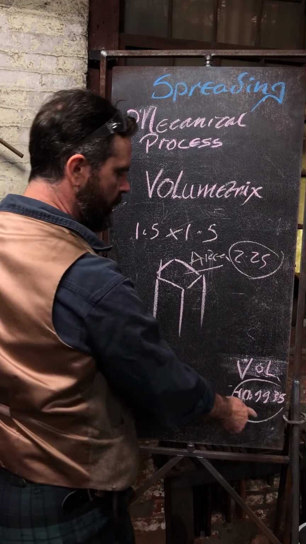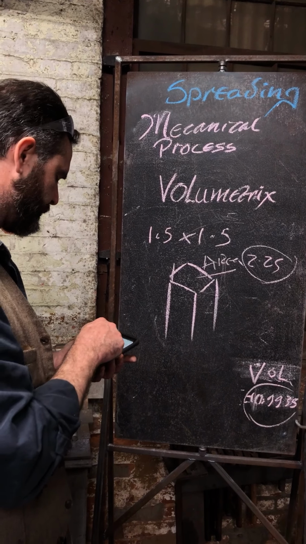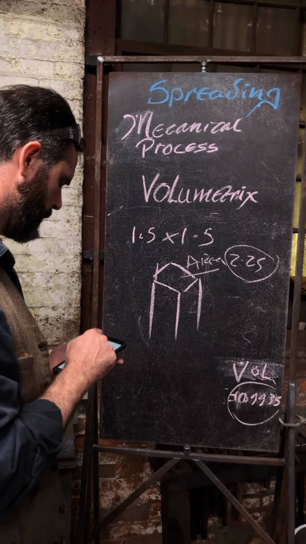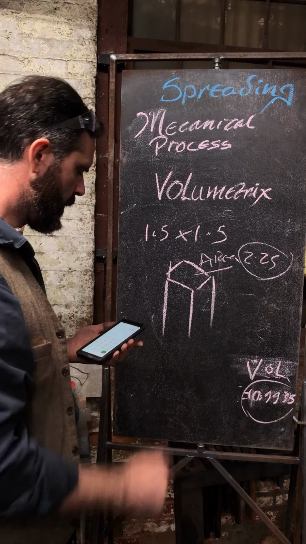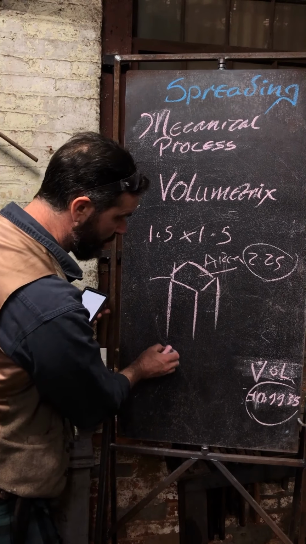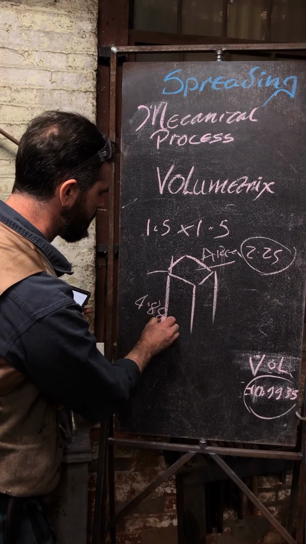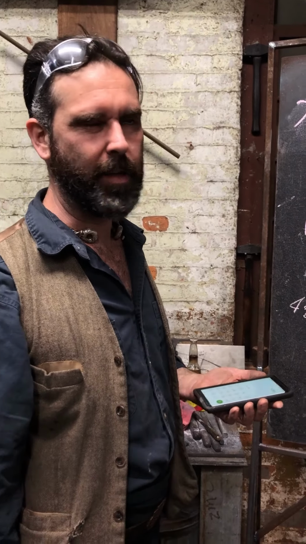So the volume is that if I divide 10.9935 by 2.25, it gives me a length of 4.886, which is rather annoying because we are in the imperial system, which means, give or take, we're about 4 7/8 of an inch.